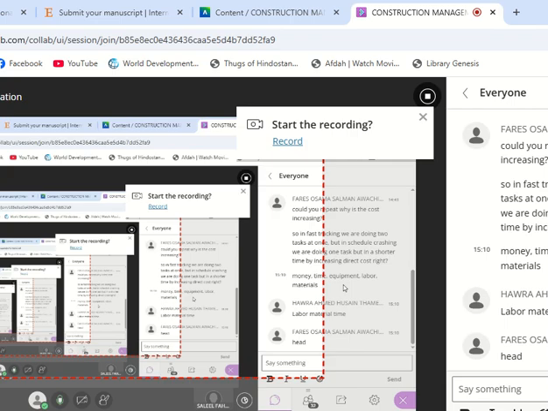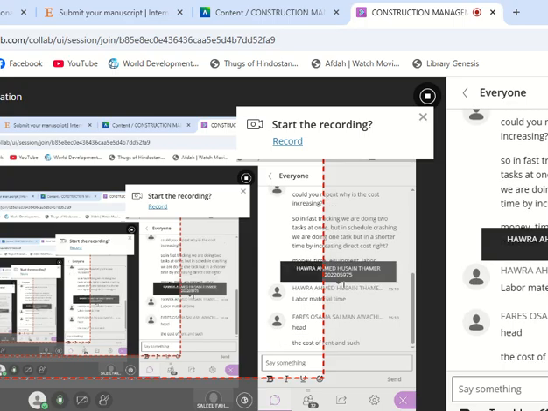Head? What do you mean head? Anyone else, or Faris, do you want to explain what you mean by head? Ah, okay, overheads.